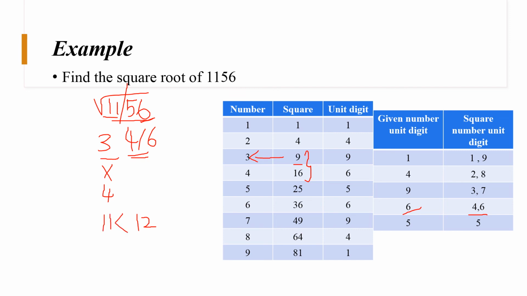If the remaining number is less than this product, we choose the smaller number for the unit place, that is 4. So here the answer for this question is 34.